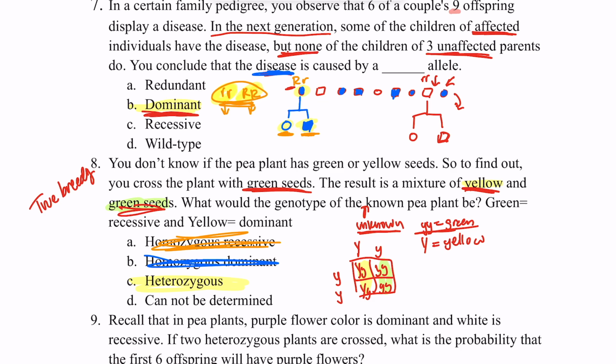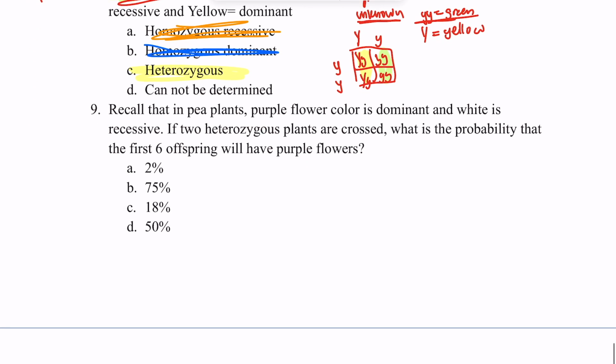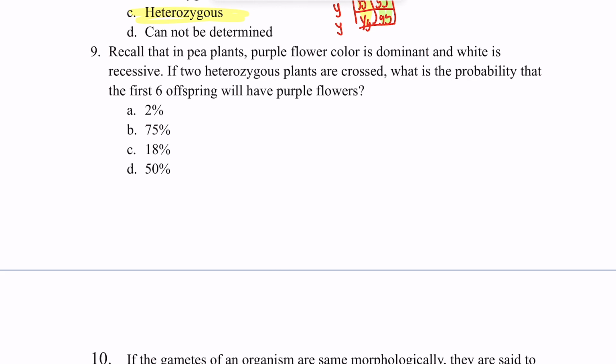Okay, so then number 9 says, recall that in pea plants, purple flower color is dominant while white is recessive. If 2 heterozygous plants are crossed, what is the probability that the first 6 offspring will have purple flowers? So this question right here is a product rule question.